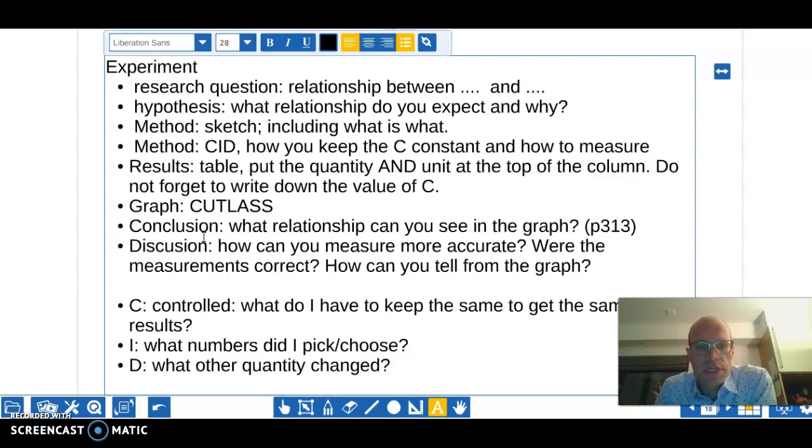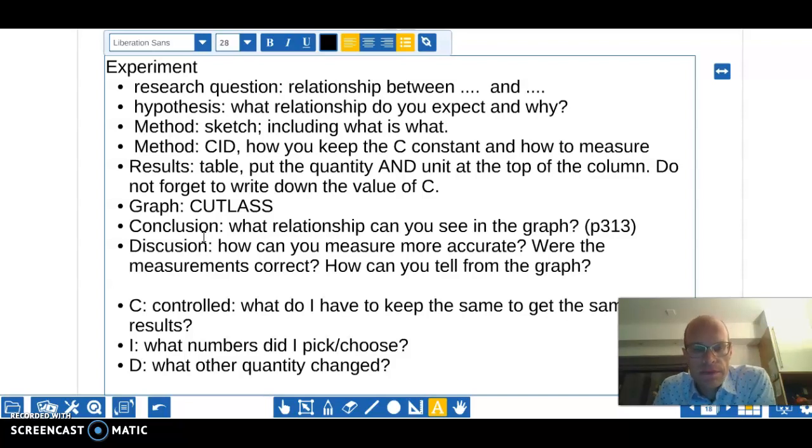And for the D, the dependent, what other quantity will change? Just to remind you, the I and the D should be in the research question. And then something always has to be kept the same. What do you have to keep the same to get the same results if you redo the experiment or if someone else does the experiment?